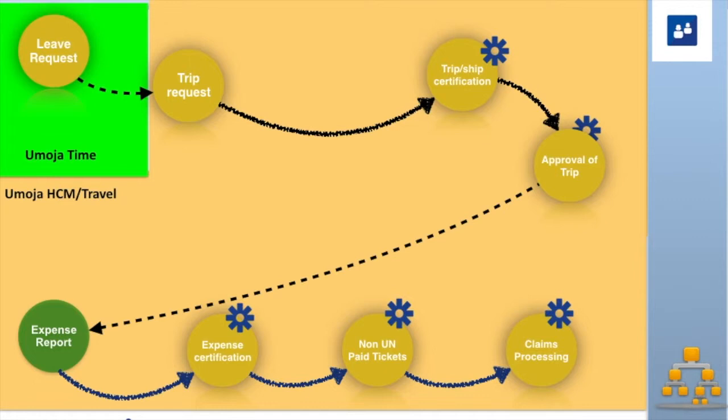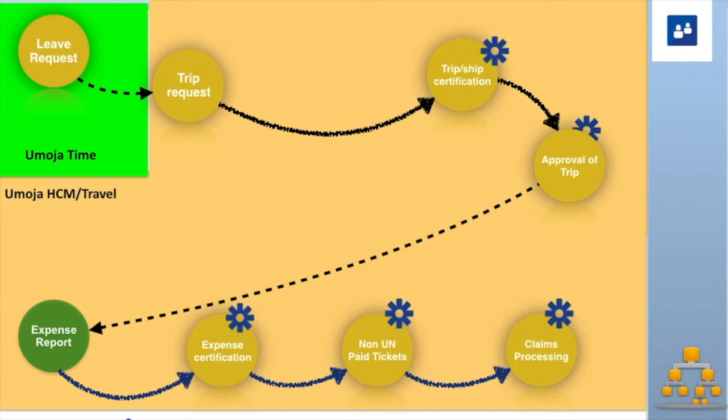And then any expense report routed through the certification or the approval process will be routed to the travel claims processor for subsequent clearing and payment, or retrieval of funds from the staff member in case of overpayment.